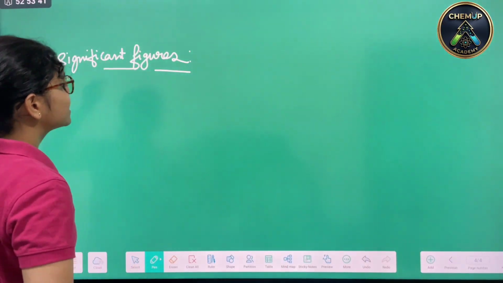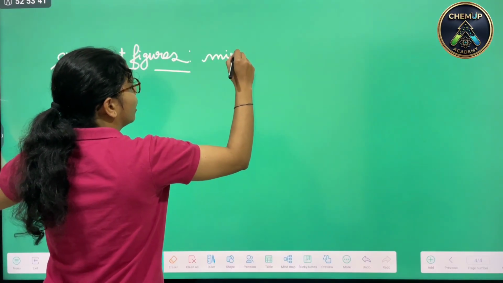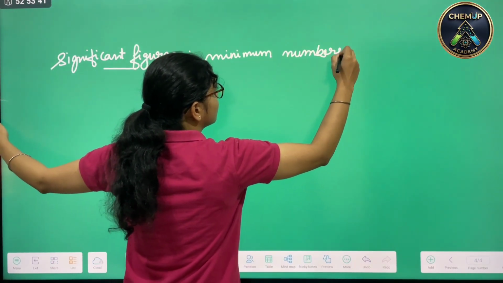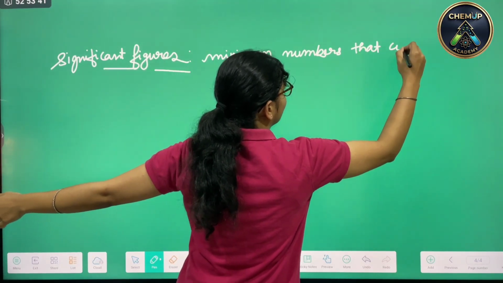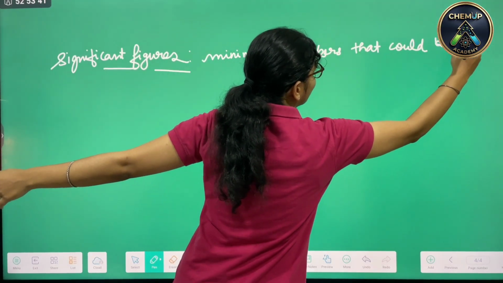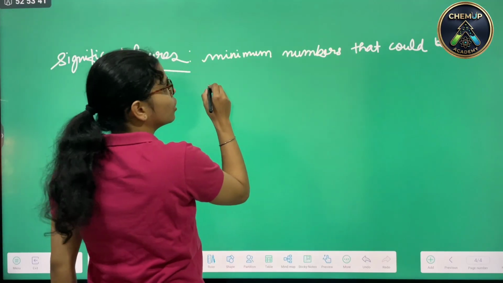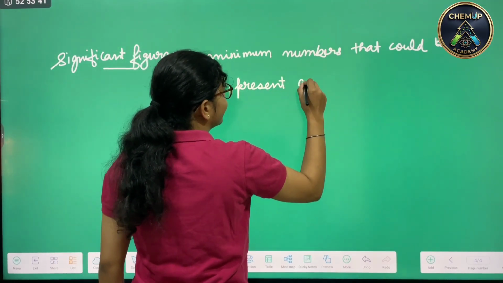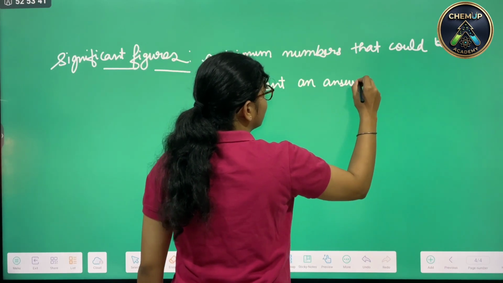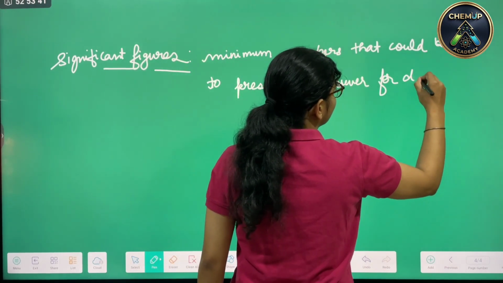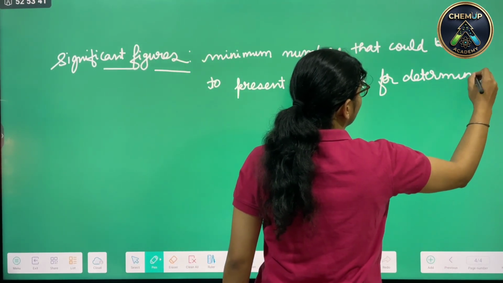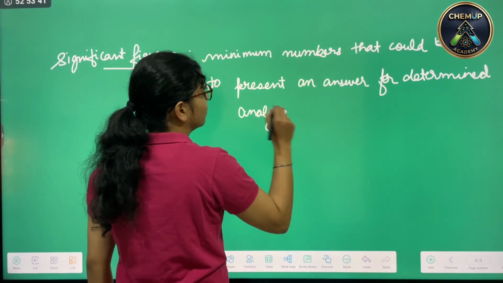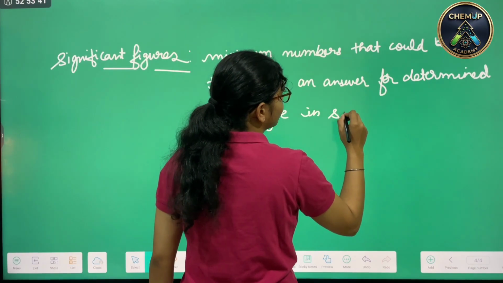So significant figures are the minimum numbers that could be used to present an answer for a determined analyte in scientific notation.